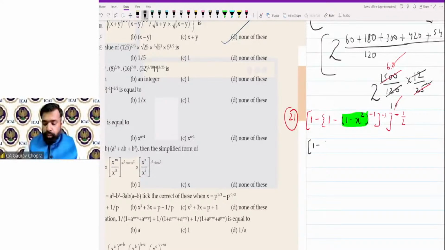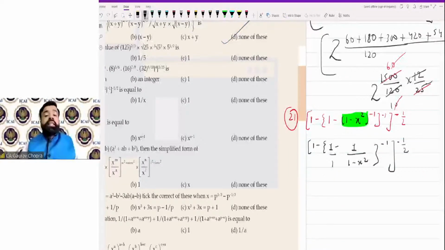So 1 minus, again 1 minus, so it is 1 upon 1 minus x square. So this inner bracket will now be removed because we have opened the power and it has become reciprocal. Now power is -1 and then power is minus half. Now to simplify this, we have to take the LCM.